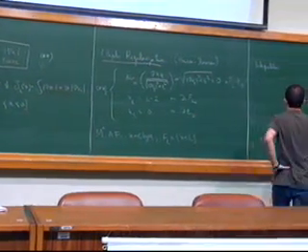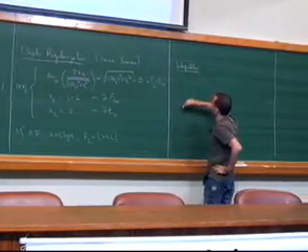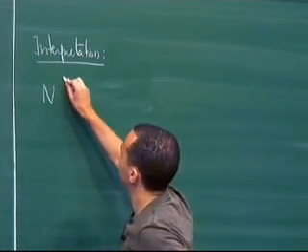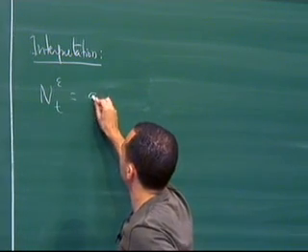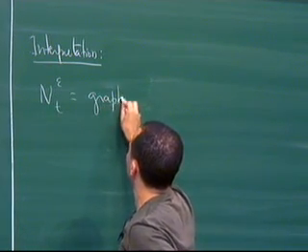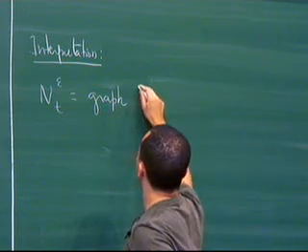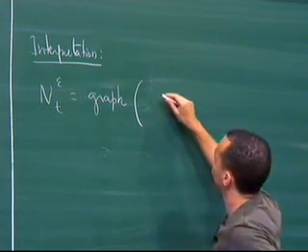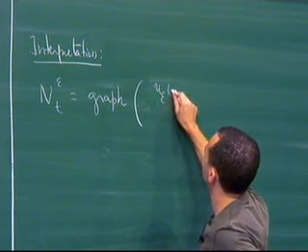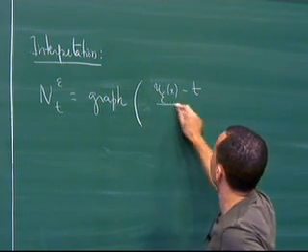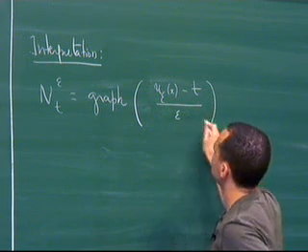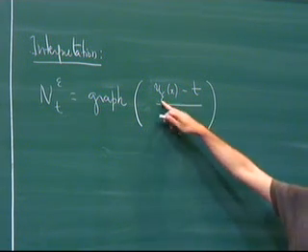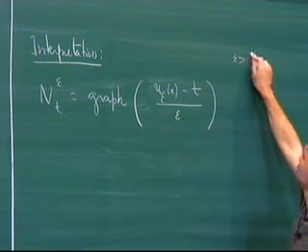So let me write that. So if I define N epsilon t as being the graph of my function, the graph of U epsilon of x minus t divided by epsilon, right? So for each t, epsilon is fixed.